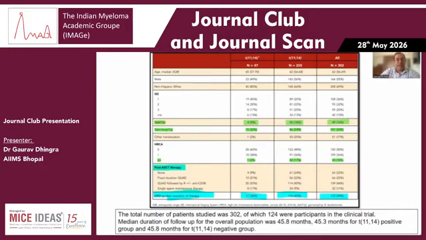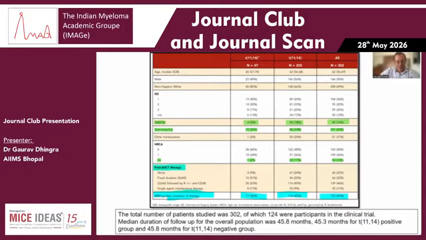Deletion 17 positive patients were more in the translocation 11-14 negative group, that is 18% compared to 9% in the translocation 11-14 positive group. Patients with more than one high-risk cytogenetic abnormality were more commonly seen in the translocation 11-14 negative myeloma group.